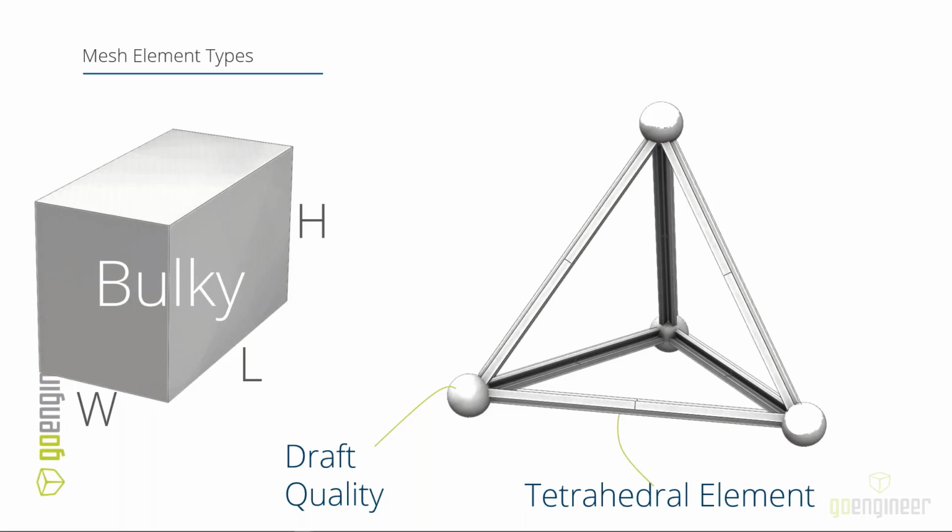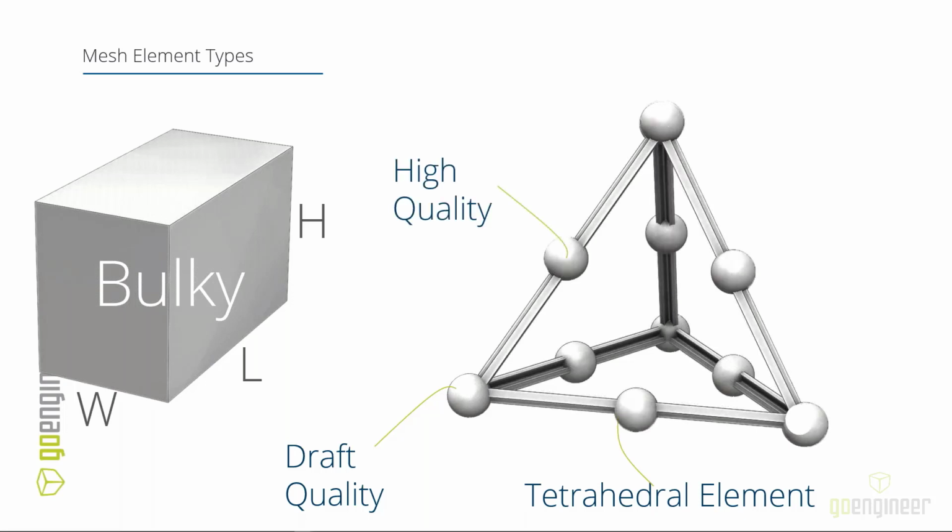That's what a draft quality mesh is, a simplified linear movement approach. A high quality mesh has mid-side nodes, and what this does is, if we fix the bottom again and apply force to the top, that edge is going to curve through a third point, and that's really a quadratic definition of what's happening along that edge.